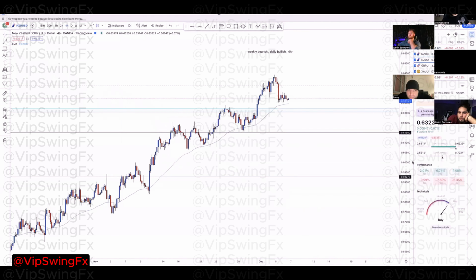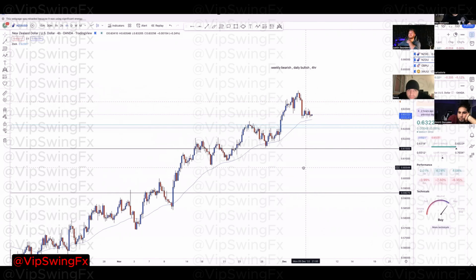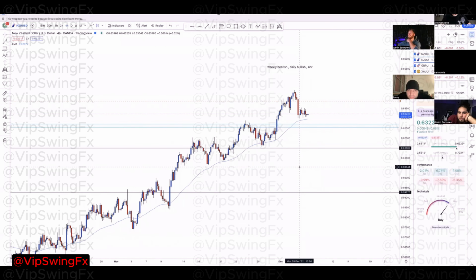All right, so this right here is technically bearish. Why is it bearish? Because let's say we start off from here. So it'd be our higher high, higher low, higher high, higher low, higher high, lower low, structure.